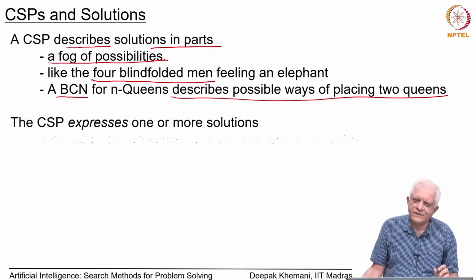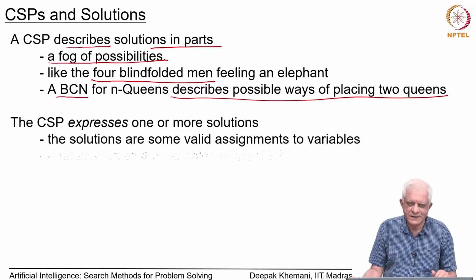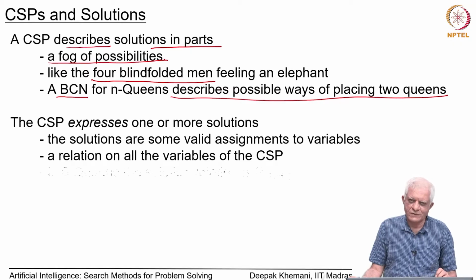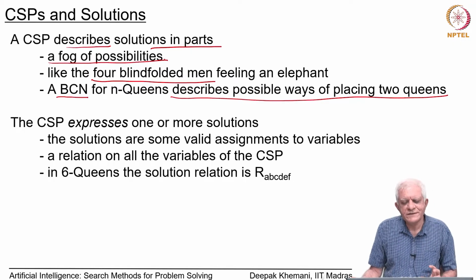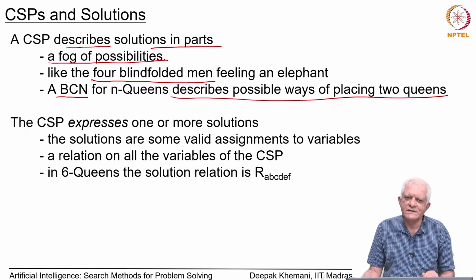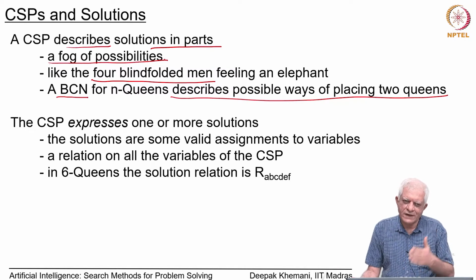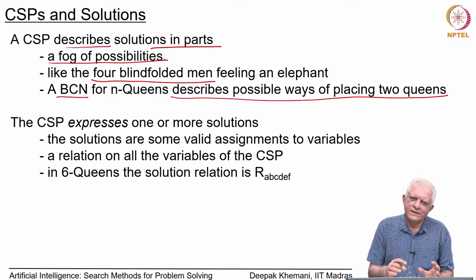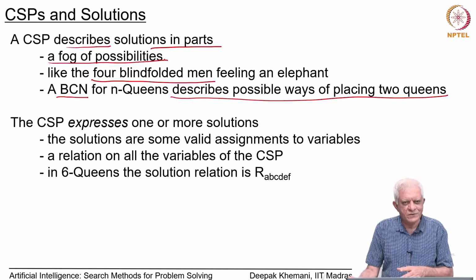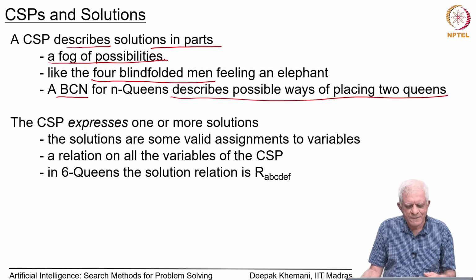Then we have said that a CSP expresses one or more solutions, that somewhere hidden in the fog are our solutions. It may be one solution or more than one, but if you were to solve the CSP, then you could get one of those solutions. In some sense the original CSP also expresses those same solutions, because those are the only solutions to that CSP.